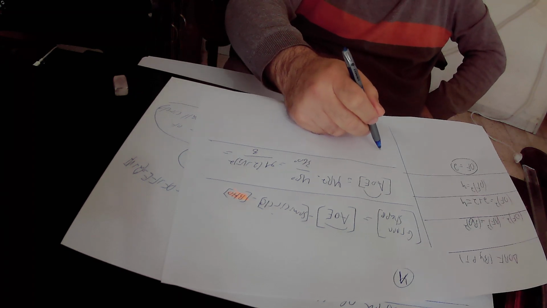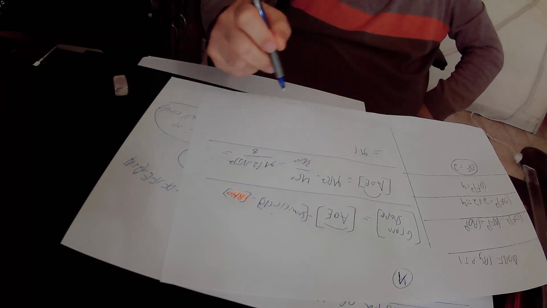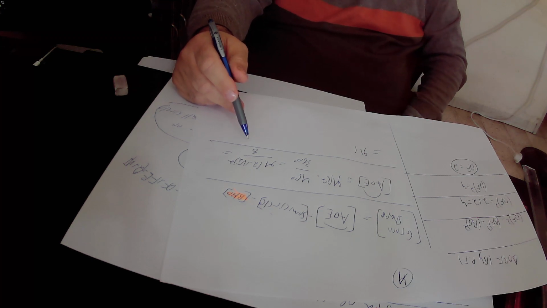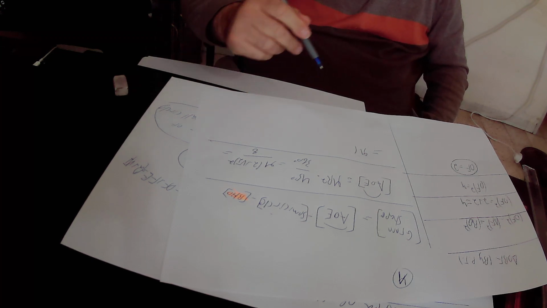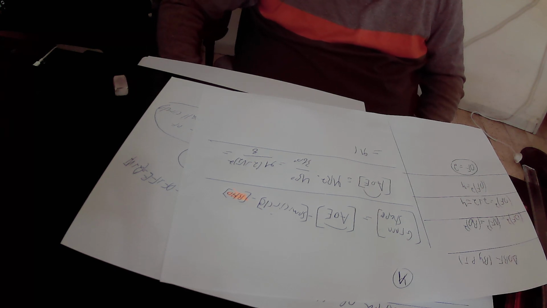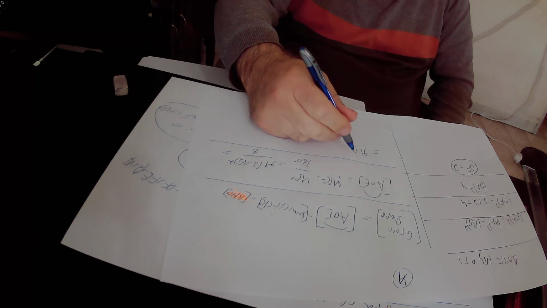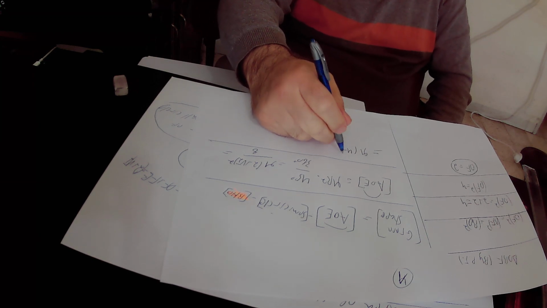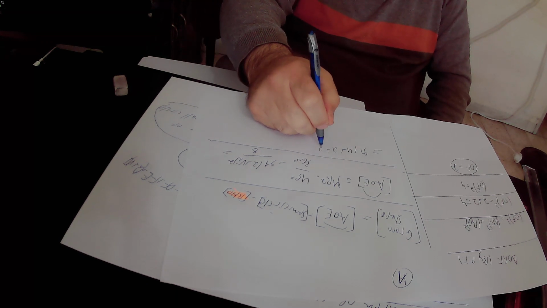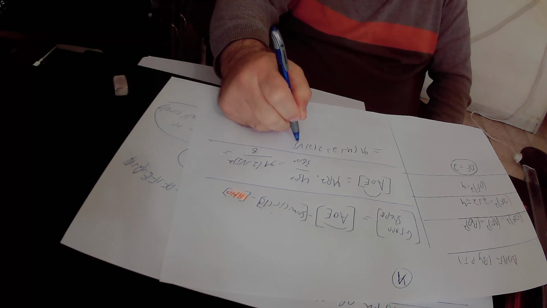So the area of the big sector AOE equals pi, and we have here 2 plus square root of 2, squared. According to the algebraic identity, a plus b squared equals a squared plus b squared plus 2 times ab. So 2 plus square root of 2 squared will be equal to 2 squared, that is 4, plus square root of 2 squared, that is 2, plus 2 times 2 times square root of 2.